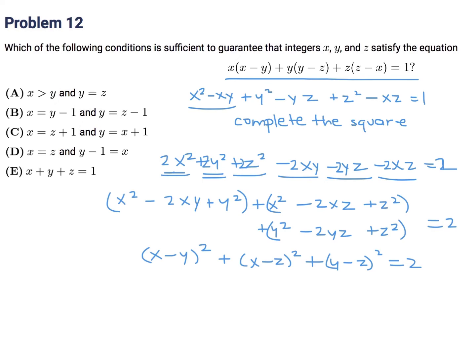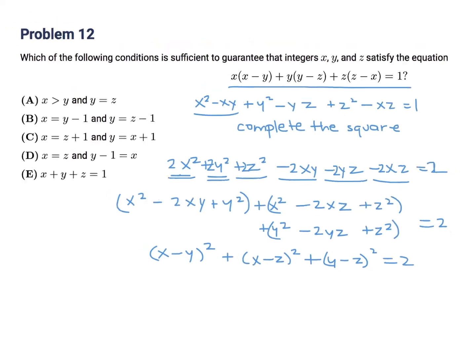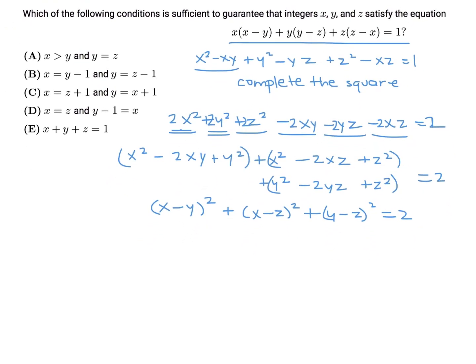Okay, so where do we go from here? Let's see here. Well, we are told that x, y, and z are integers, right? So if x, y, and z are integers, the only way that this plus this can be 2 is a scenario like this. This is 1, this is 0, and this is 1.